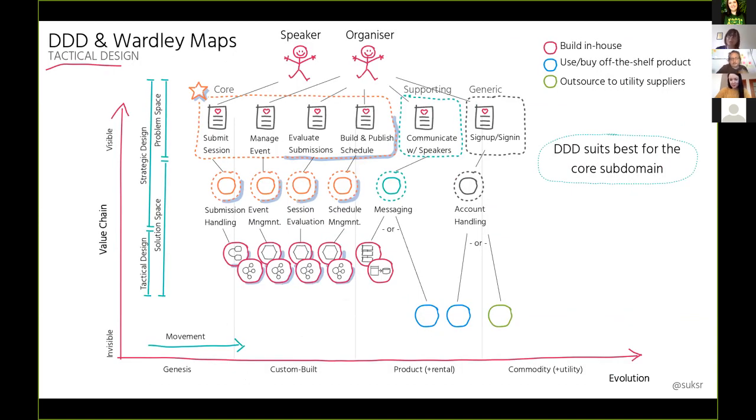But since domain-driven design focuses on complex business logic, it's not applicable everywhere. It's very well suited for very complex business logic and scenarios, for example, your core subdomain. We should not use domain-driven design, for example, for your supporting or generic subdomains.